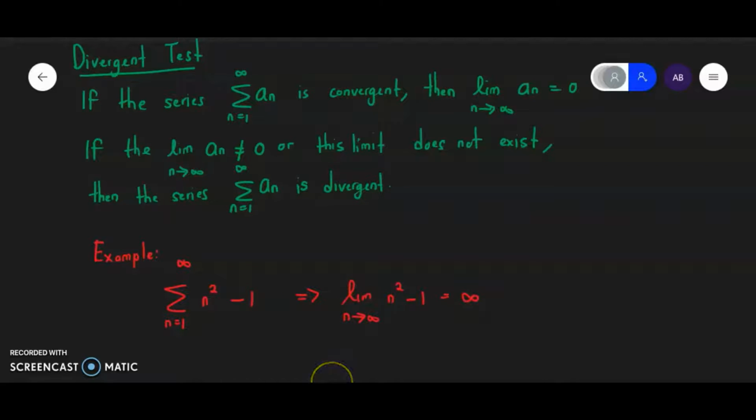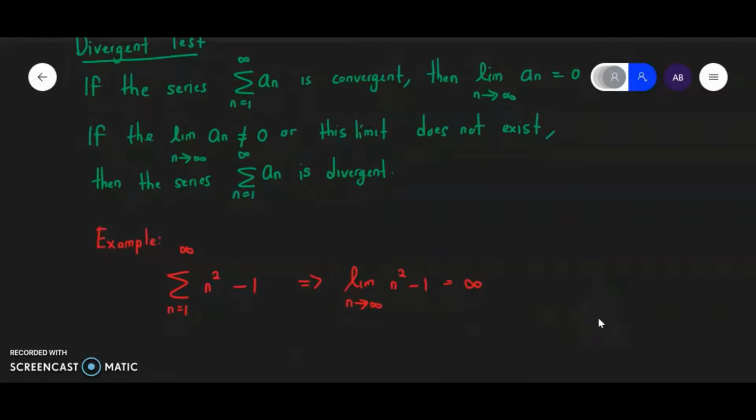By the divergent test, you get infinity. If An equals 0, it is convergent, but now An is not 0, or this limit does not exist. So we say it diverges.